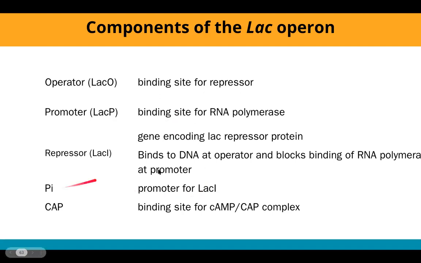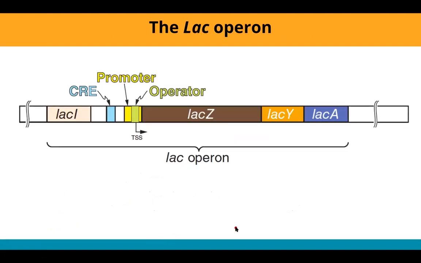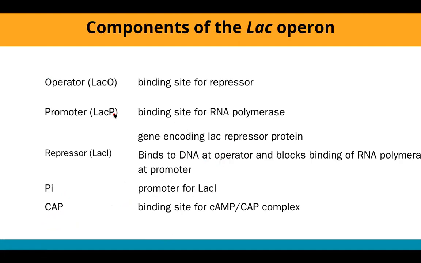PI is the promoter for lacI, and CAP is the binding site for the CAP complex. So we have a more detailed picture of that. Here again is the operator, where the repressor binds. The promoter is where RNA polymerase binds. CRE is the binding site for the CAP complex.